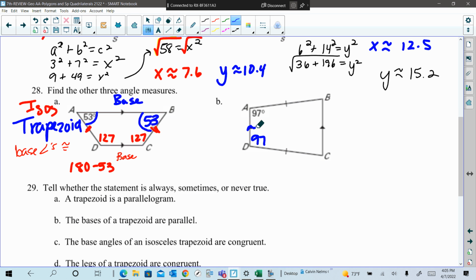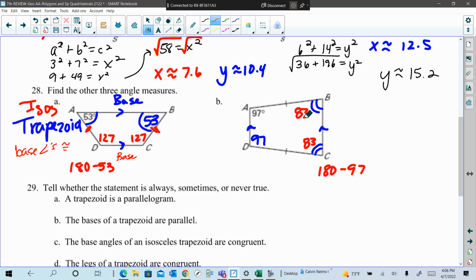Remember, your bases are the parallel sides. So the arrows are going left and right here, versus up and down. So this is a base, and then my B and my C are the other base angles. To get to my C, you're now going to do 180 minus that 97, which gives us 83.